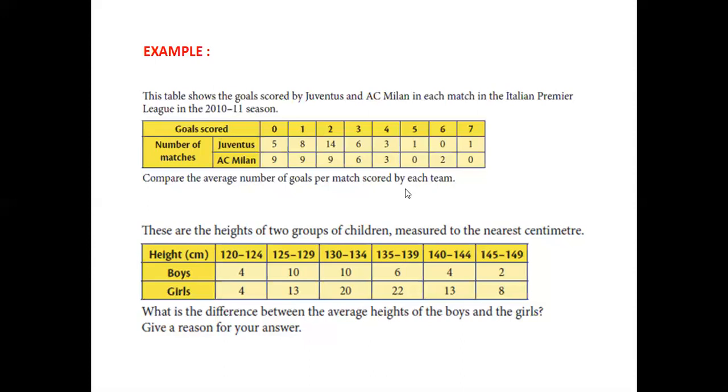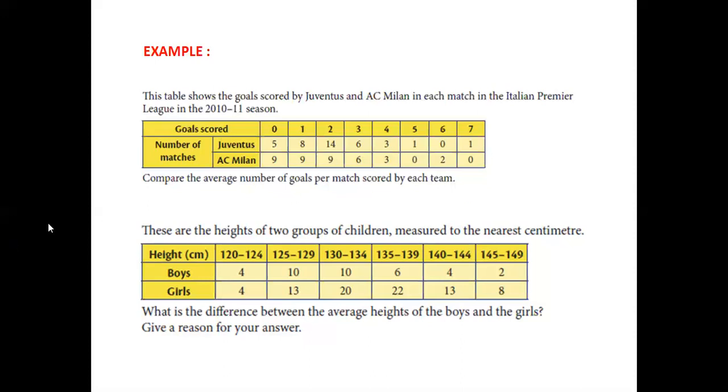It was 38 games, and the answer is 1.55 per match or per game. So the team of Juventus is 2.05, and the second team is 1.55.